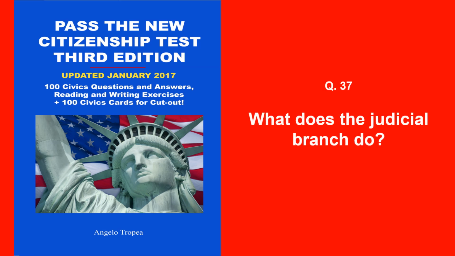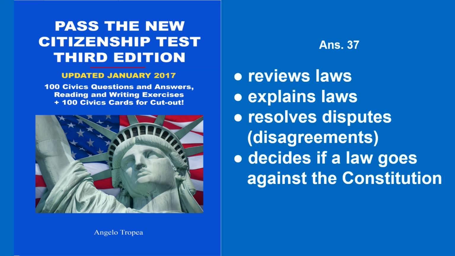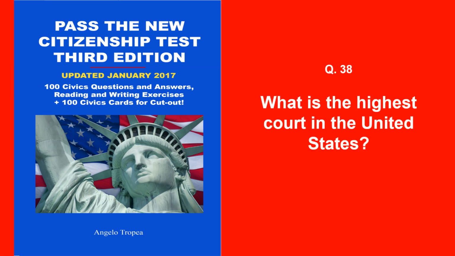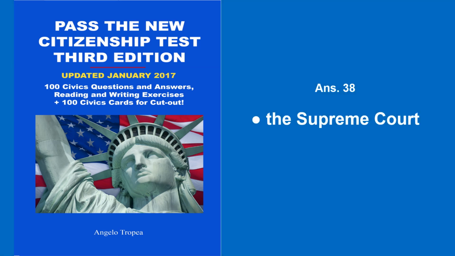What does the judicial branch do? Reviews laws, explains laws, resolves disputes or disagreements, decides if a law goes against the Constitution. What is the highest court in the United States? The Supreme Court.